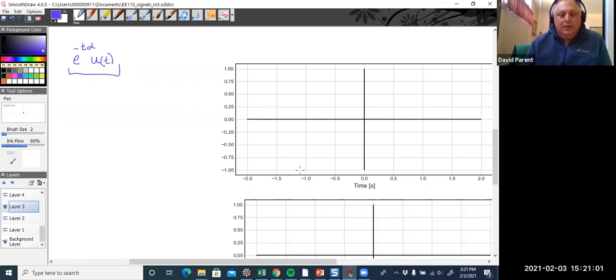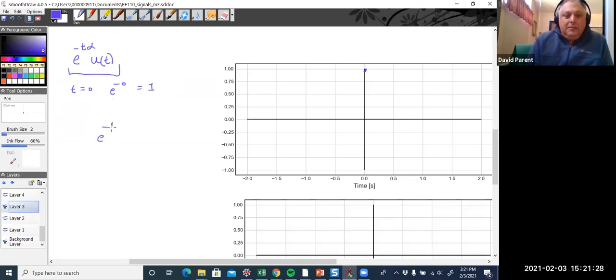All right. So at t equals 0, e to the minus 0 equals 1. That's easy. All right. And then you might recall there's something called tau.